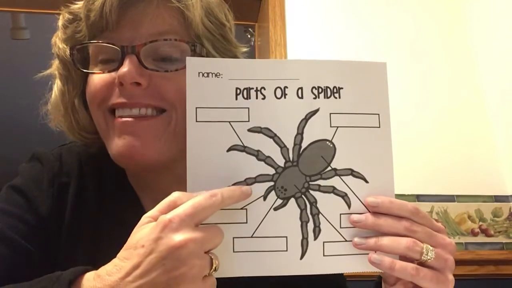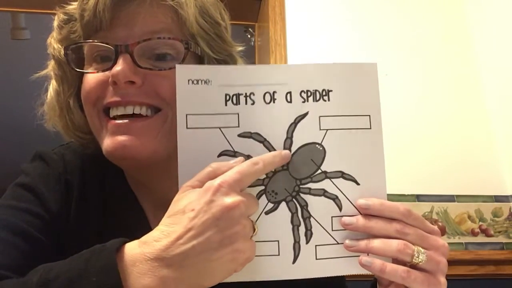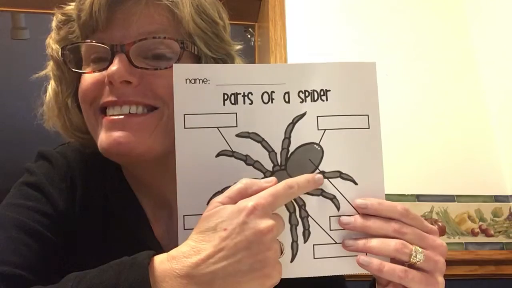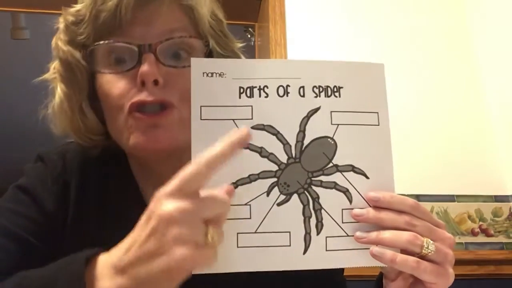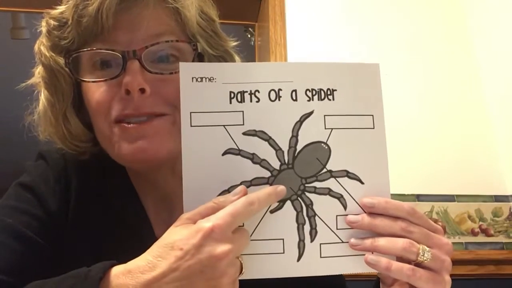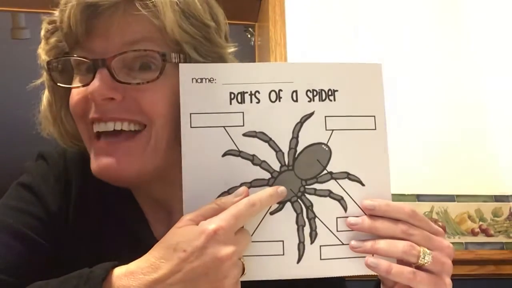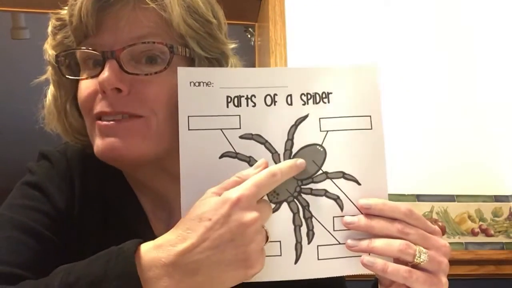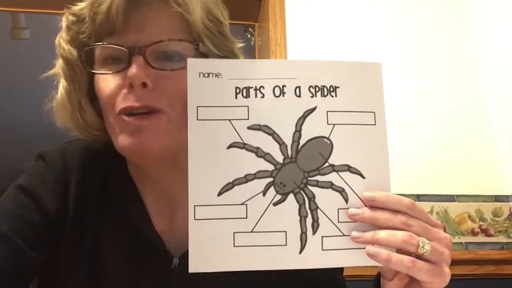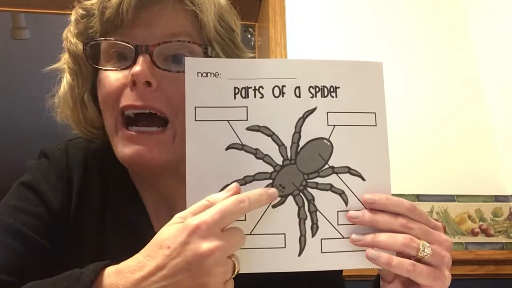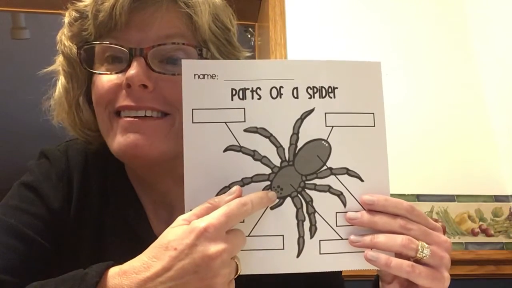All right, let's go over these parts one more time. We have legs. How many legs? 8. Awesome. 2 body parts. Remember this one? The head. How about this one? The abdomen. You're doing a great job. All right, how about these here on its head?